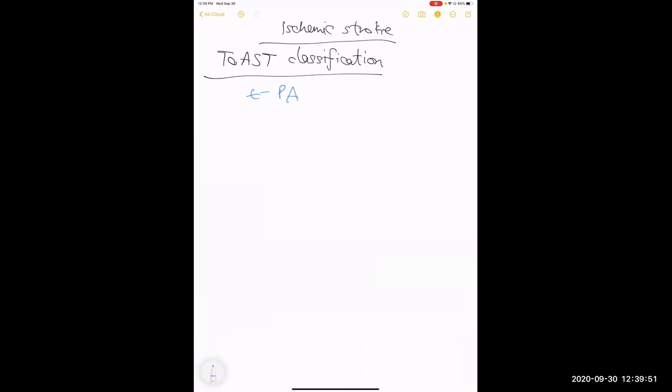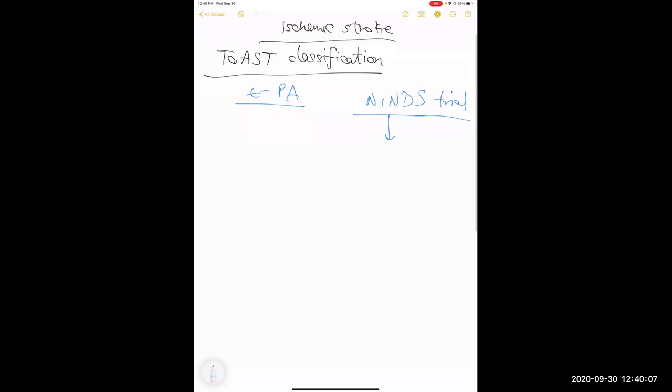TPA or IV alteplase was approved based on the NINDS trial or study that showed its benefits. In this study, they administered TPA to patients who presented within 3 hours of symptom onset, which is where FDA approval comes from.